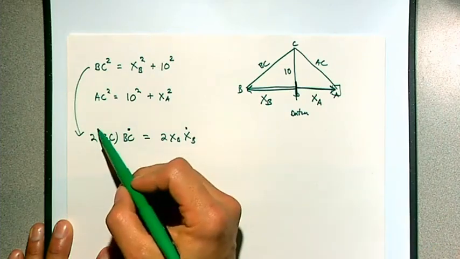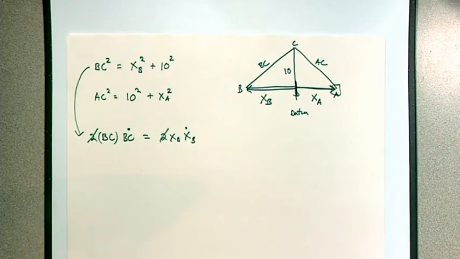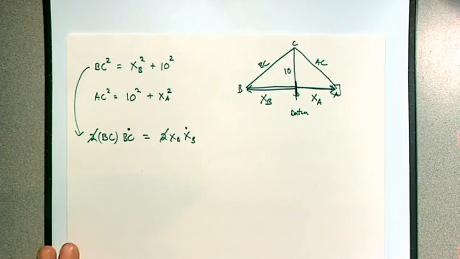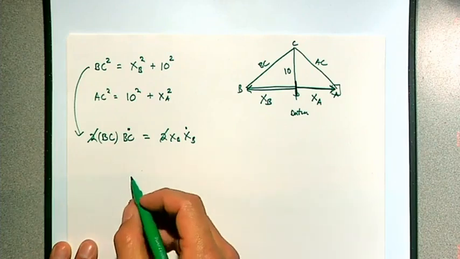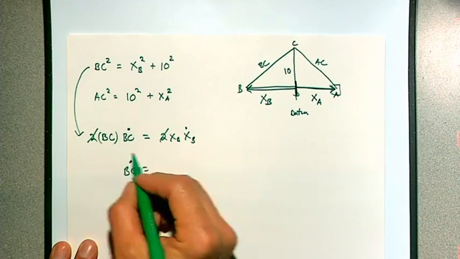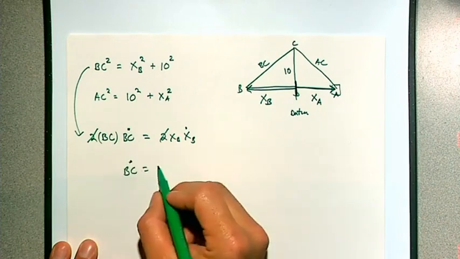The 2 and the 2 will cancel. I have my compatibility written in terms of BC dot, so that's the term I'm going to try to get rid of. So I do that by dividing by BC.